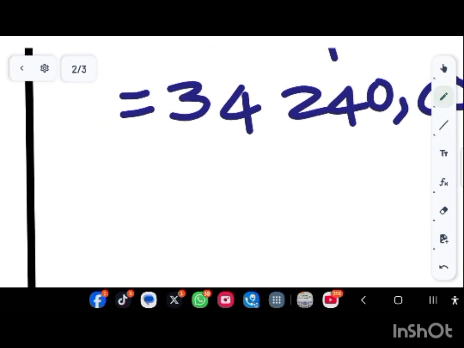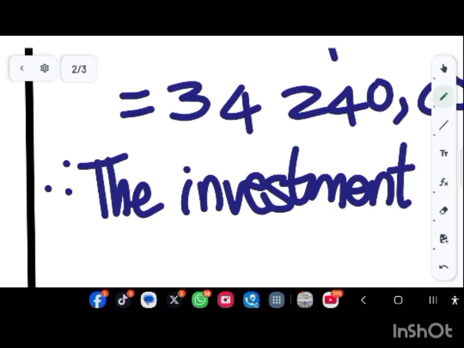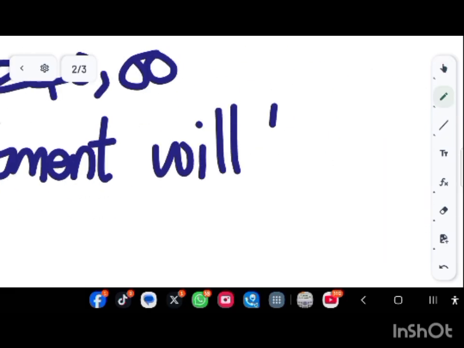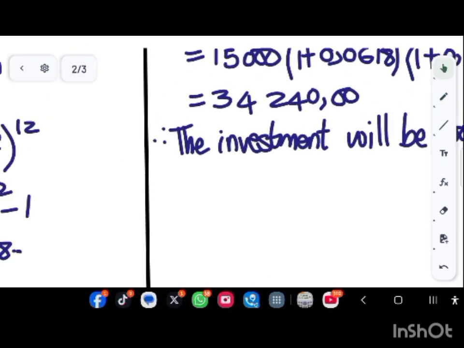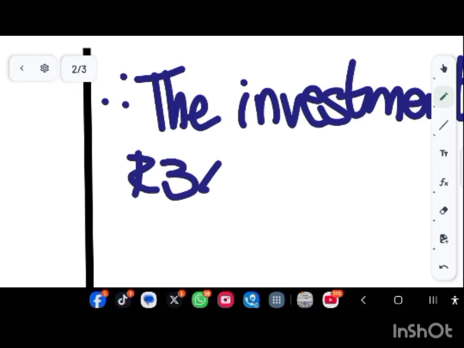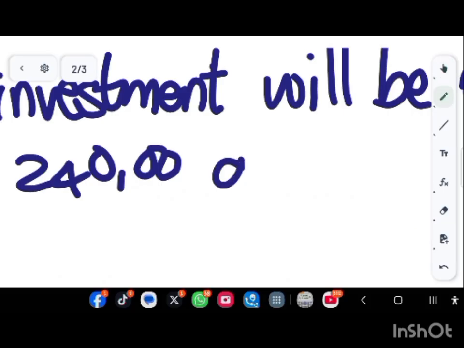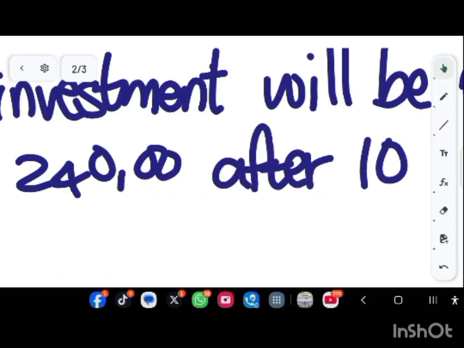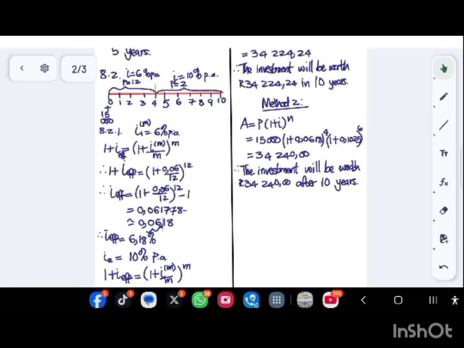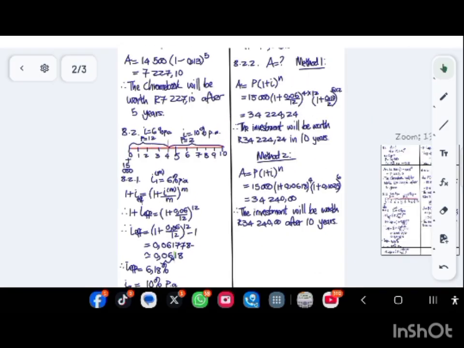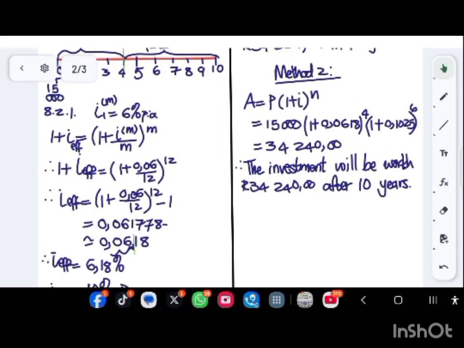So therefore, the investment will be worth 34,240 rand after 10 years. I'm sure you can notice the slight difference in terms of the final amount, because this first method is a whole lot more accurate than the second method, but that's what you get at the end of the day.